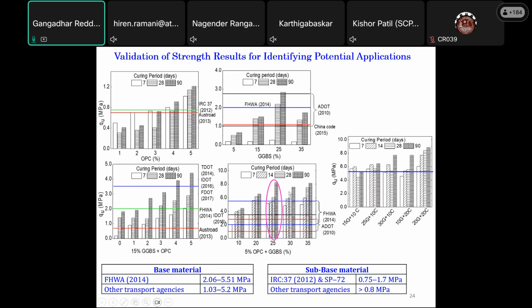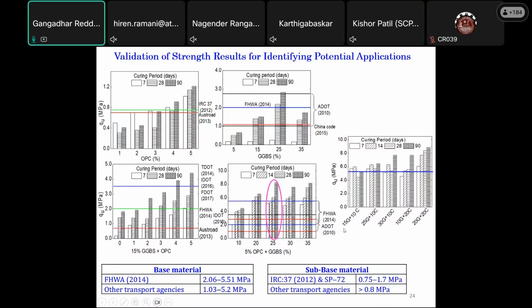But whereas in case of 5% OPC and various percentages of GGBS, you can see the strength can achieve up to 8 MPa. So my intention here is that I want to use more amount of waste materials and less amount of OPC.